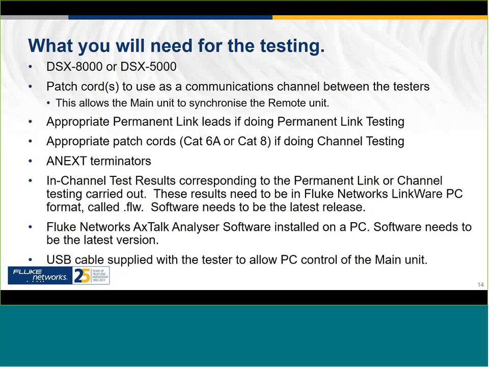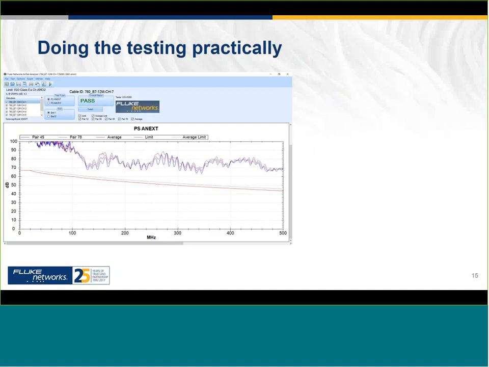So let's look at the practical part of doing the alien crosstalk measurements. Here is the software. It's all ready to go. We're doing PowerSum ANEXT from end 1, as you can see from the graphic there.